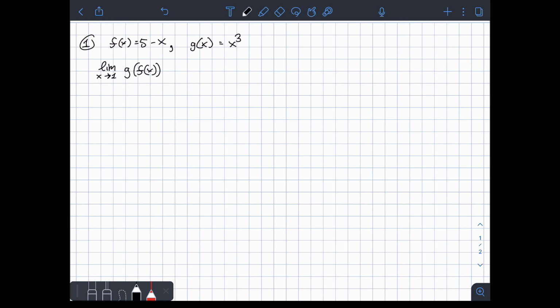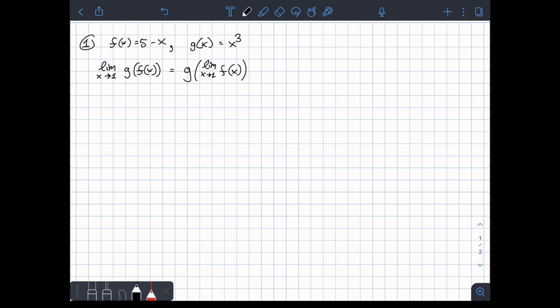And the rule is this is equivalent to g of limit as x approaches that value of f of x.